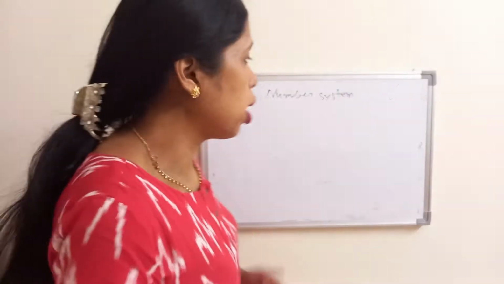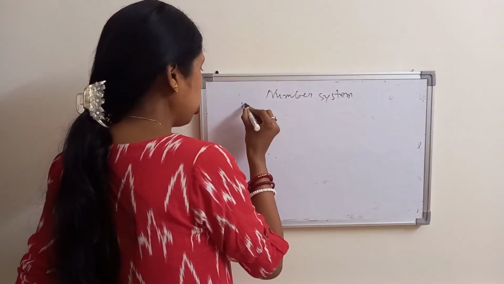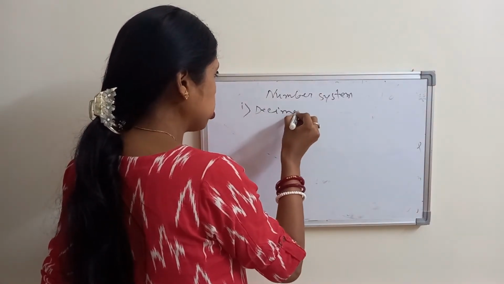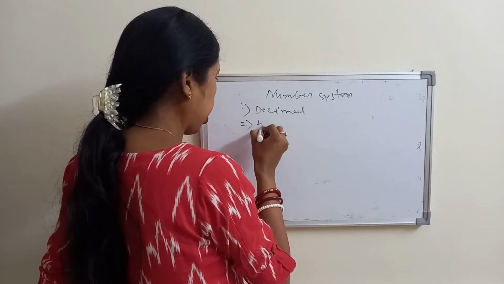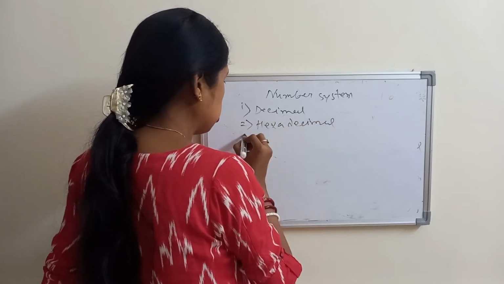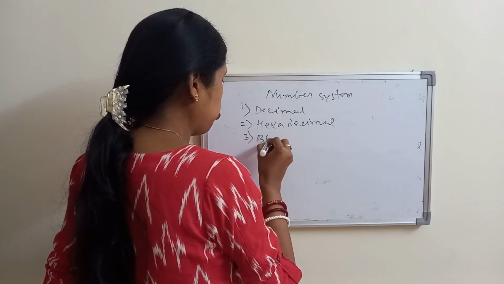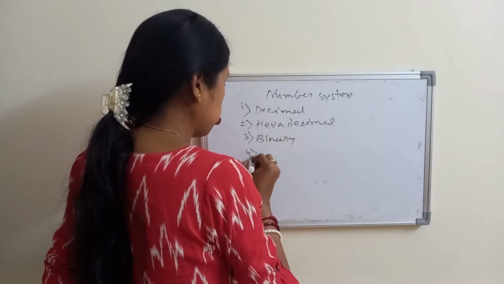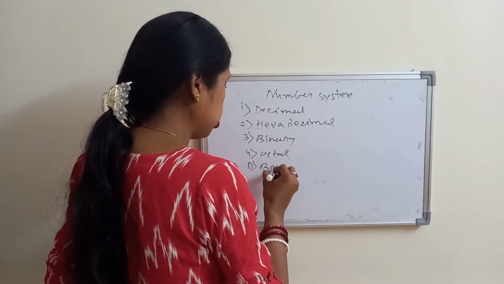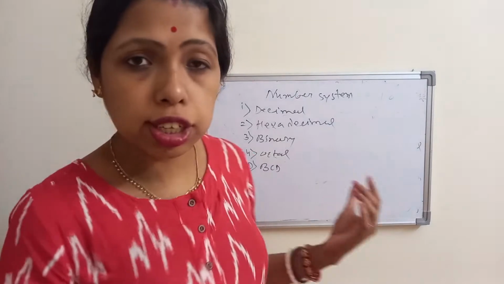In our daily life, many number systems are there: decimal, hexadecimal, binary, octal, BCD. These are the types of number systems commonly used in our daily life or in computers.